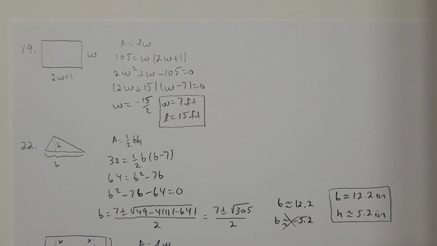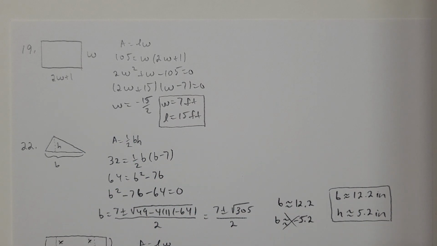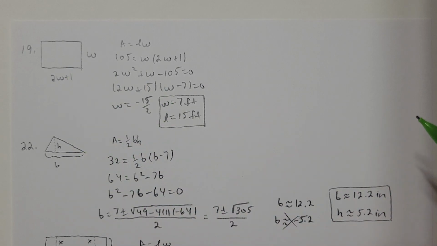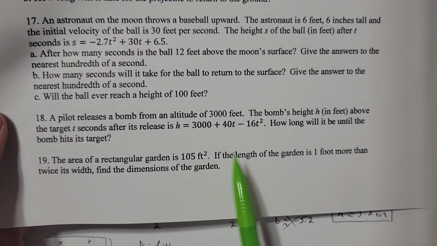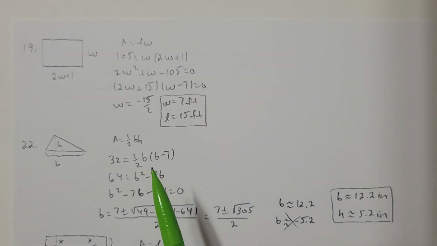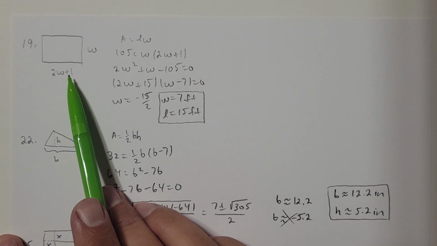So if I draw a rectangle representing this rectangular garden, I'll call the width W and the length L. Okay, now I don't know the length. I also don't know the width, but they told me that the length of the garden is 1 foot more than twice the width. Okay, so whatever the width is, I'll double that, and then I'll add 1.